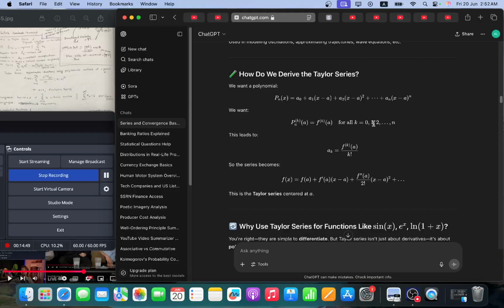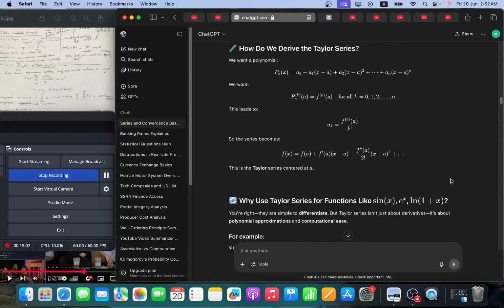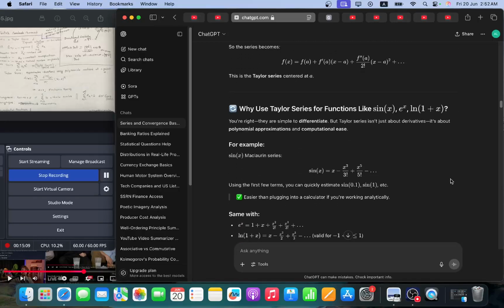This leads to a_k. So the series becomes: f of x equals f(a), plus the derivative of f at a times (x minus a), and so on and so forth. This is the Taylor series centered at a.